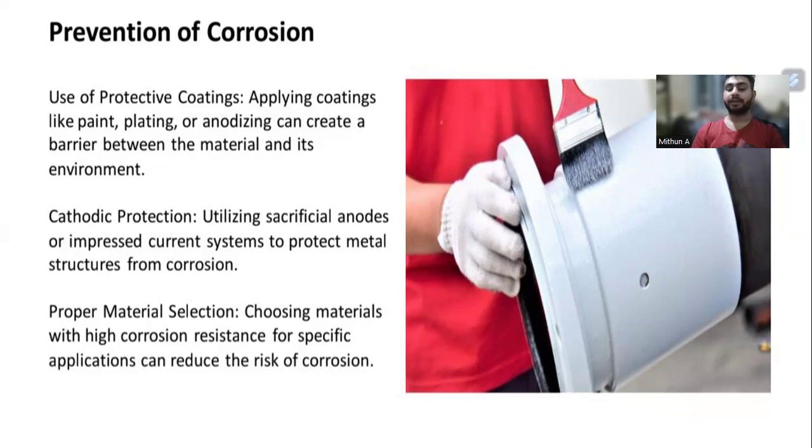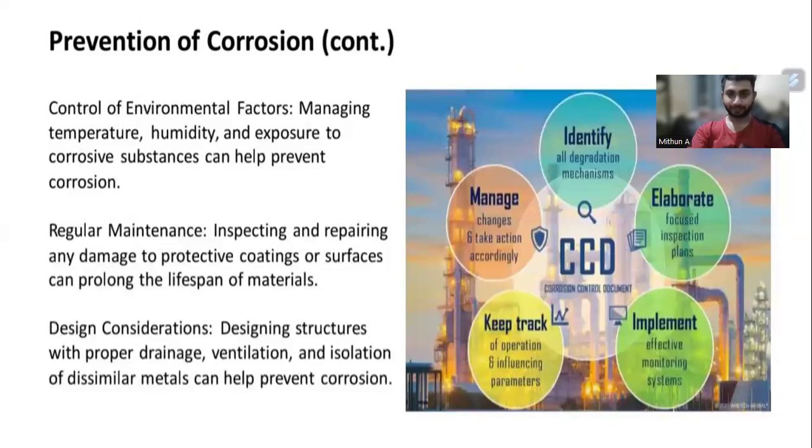Proper material selection: choosing materials with high corrosion resistance for specific applications can reduce the risk of corrosion. Control of environmental factors: managing temperature, humidity, and exposure to corrosive substances can help prevent corrosion. Regular maintenance: inspecting and repairing any damage to protective coatings or surfaces can prolong the lifespan of materials.